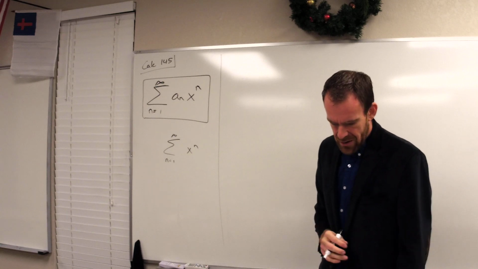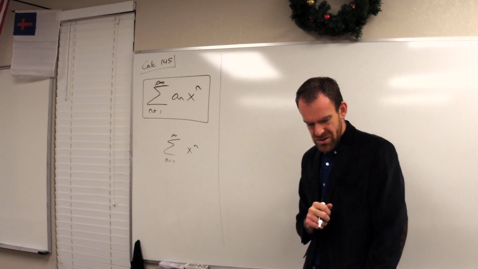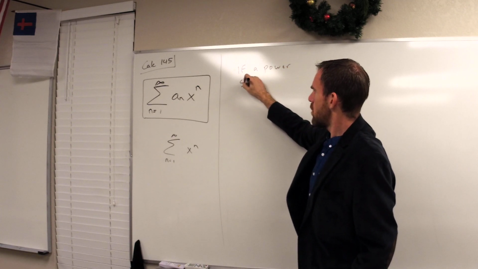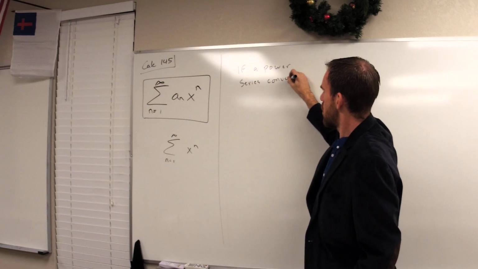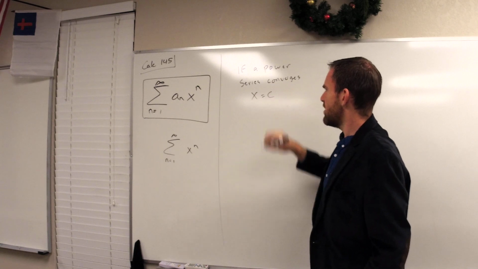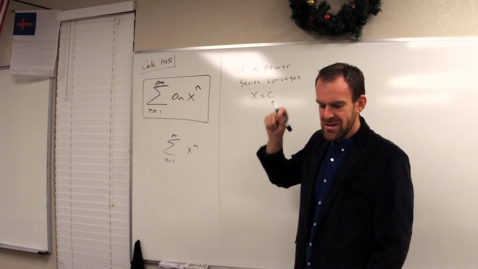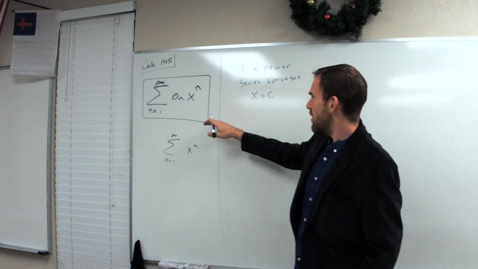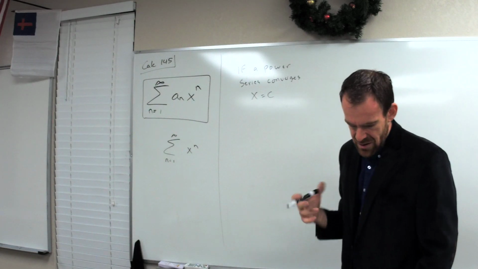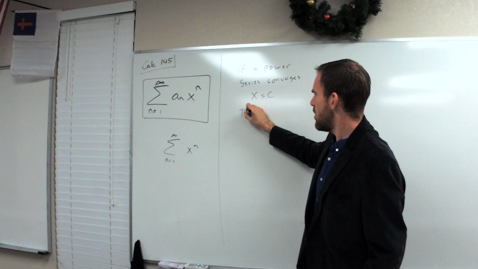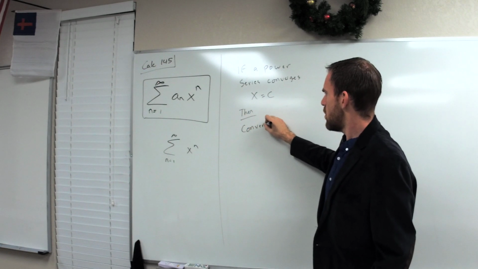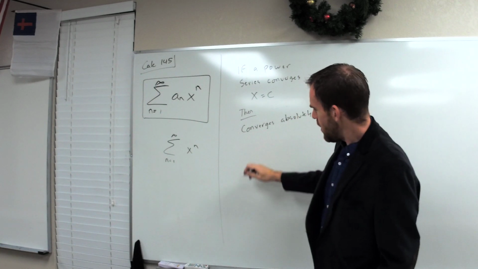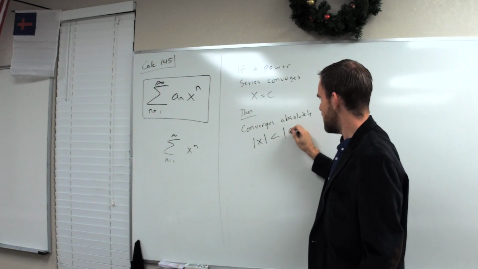So here's the idea. If a power series converges for an x, let's call it equal to c, so we have this series converging for an x value equal to c, whatever c is, then it converges absolutely when the absolute value of x is less than the absolute value of c.